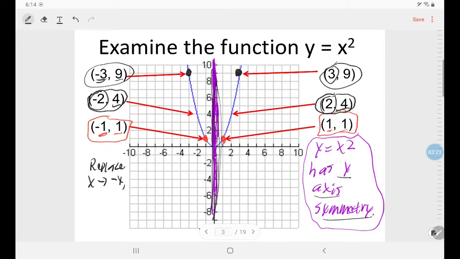Whether I change 3 to -3, 2 to -2, 1 to -1, just changing the sign does not change the y value. So we replace x with -x, and the y is the same. That's the concept I want you to get a handle on.